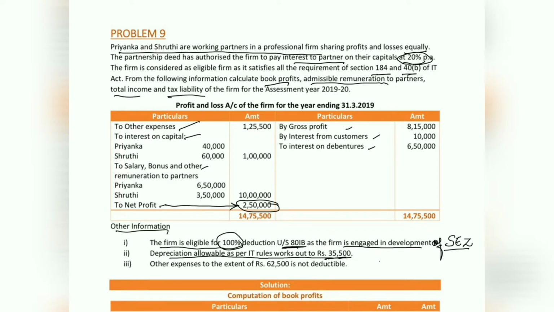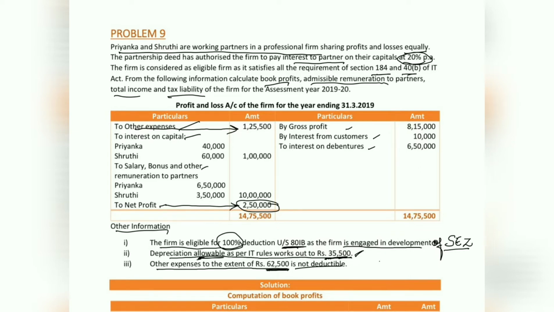We do not have any depreciation on the debit side of the profit and loss account, but in the adjustment they have specifically stated that 35,500 is allowable. The next point is other expenses to the extent of 62,500 are not deductible. In the column other expenses, we have 1,25,500, out of which 62,500 is not deductible. That is inadmissible value.